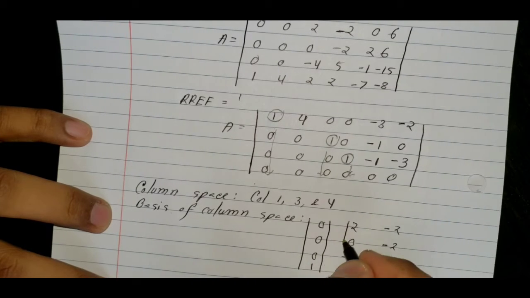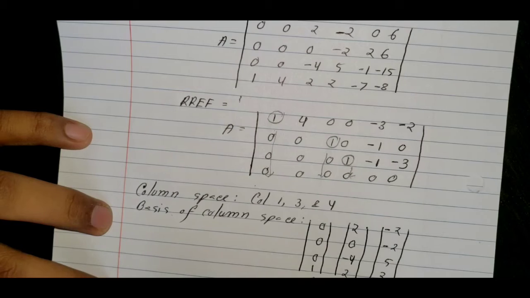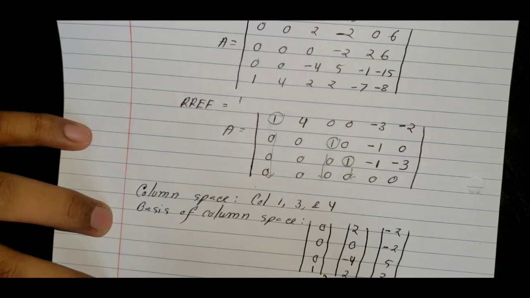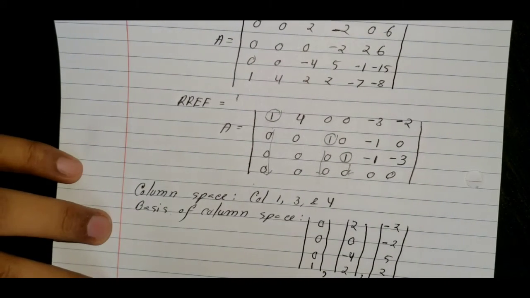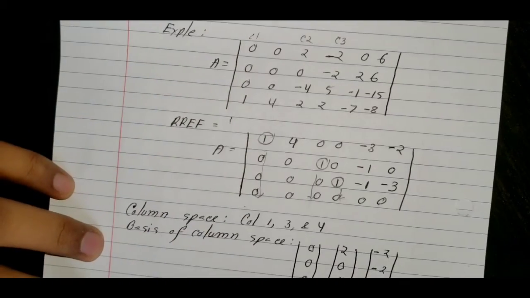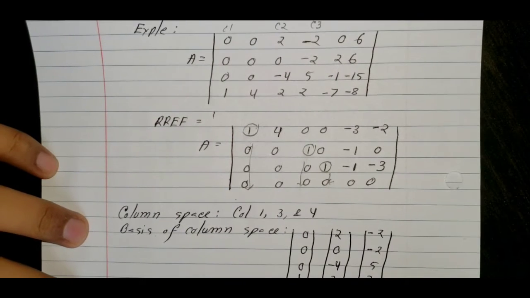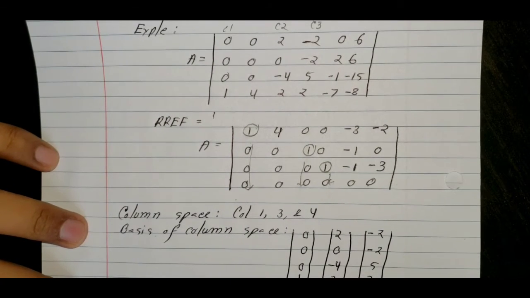So these three columns are your column basis of the column space of the matrix A. Okay, so this is how you find the column space from a given matrix.